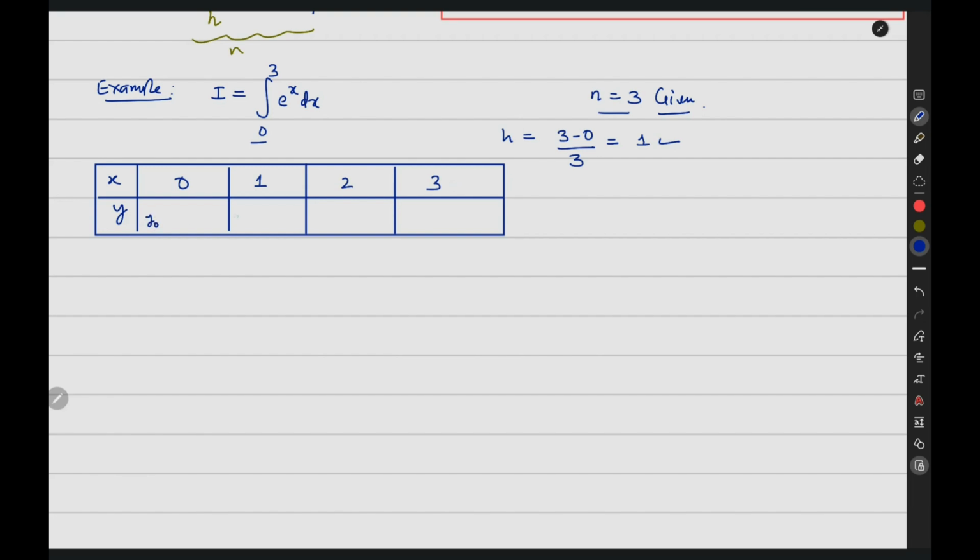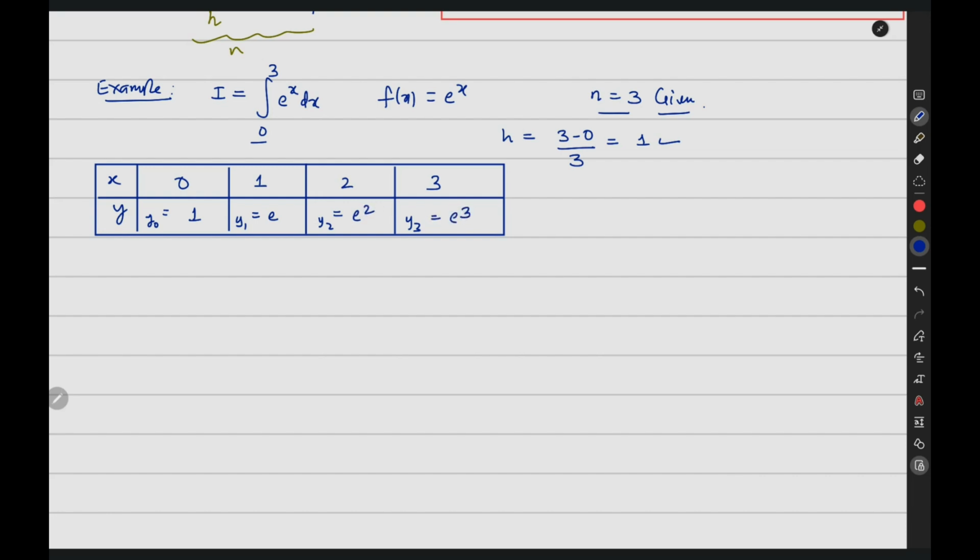So we have y0, y1, y2 and y3. We will get y0 if we substitute x equal to 0 in the function f(x) equals e to the power x. So on substituting we will get 1. Again if we substitute x equal to 1 then we will get e. On substituting 2 we will get e square and similarly e cube.